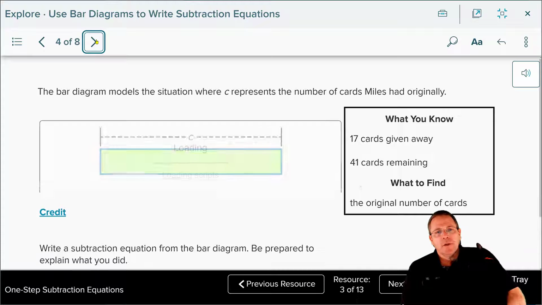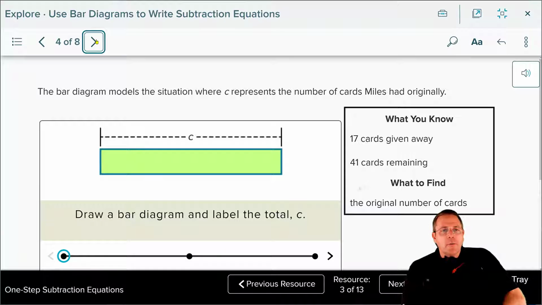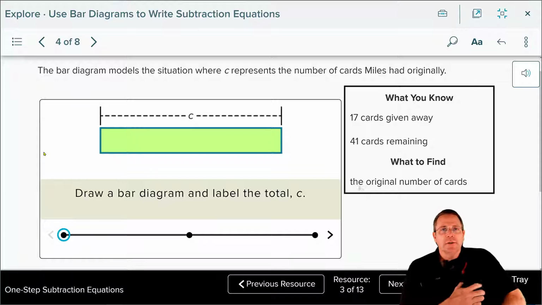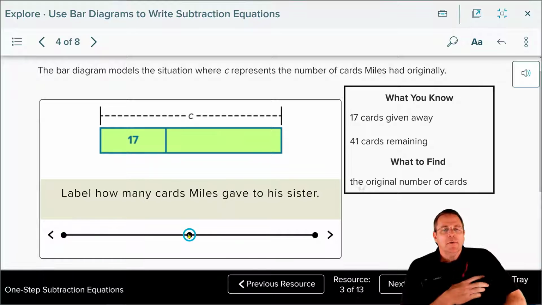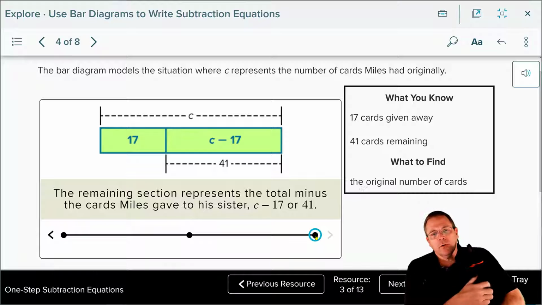They're going to let us use a bar diagram to start playing around with this, where C represents the total number of cards that he originally had. From there, we recognize that he gave 17 cards to his sister, and he had 41 cards remaining, which is also known as the total number of cards minus the 17 he gave to his sister.